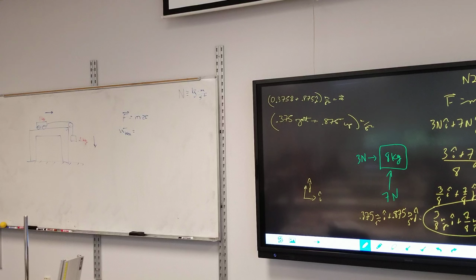The 1 kilogram mass will accelerate. I agree with that. Is that it? Only the 1 kilogram mass is going to accelerate?